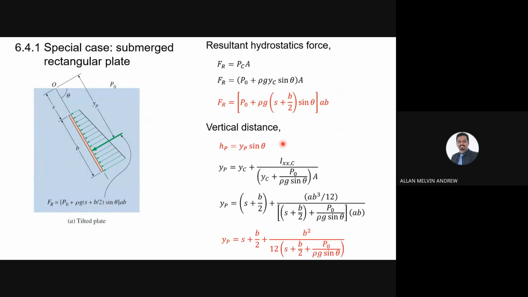So hp is yp sin theta. yp is the distance from the surface to the center of pressure, so you are taking the sine of theta. Once you replace it, at the end you will get this. This is the formula that we will use to find the distance of yp.